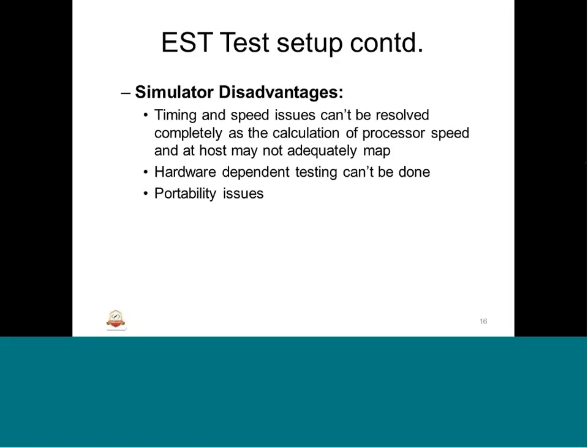Similarly, a simulator may fail to show a bug from shared data, as it arises from an interrupt in some particular situation only. You may be aware that some interrupts can come in real time, and the simulator may not be able to do that. So these are some of the disadvantages, which is why we cannot rely only on a simulator. We should definitely use the next technique, which is emulation.